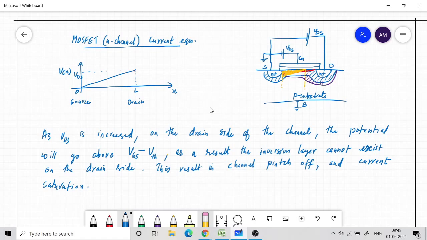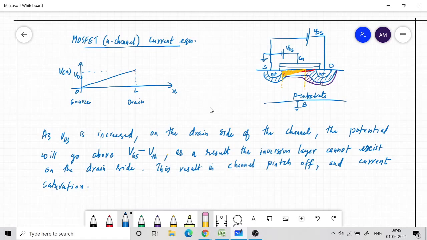The physical argument is this: as long as VDS is small, then even if the voltage is dropped across the channel, at every point on the channel the potential is lesser than VGS minus VTH, and therefore the channel will exist entirely from left to right, and the applied VDS will be dropped across the channel.